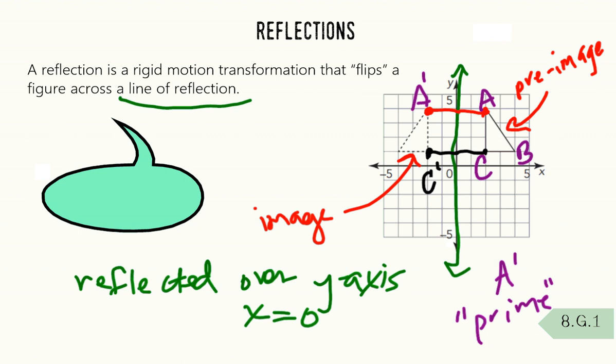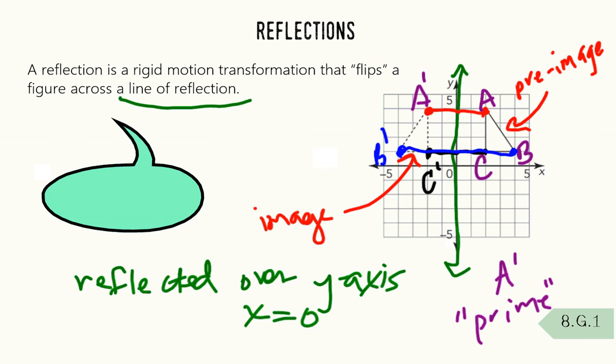It is now over here. It is C prime. And I can do the same thing with my final corner of my triangle, which is point B. Point B is 1, 2, 3, 4 units away from my line of reflection. My new point B will also be 1, 2, 3, 4 units away. And I can't call it point B, I will call it B prime.